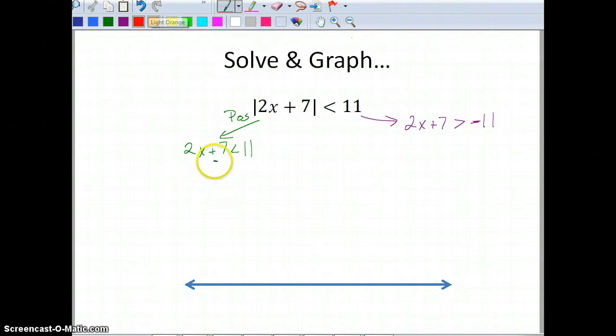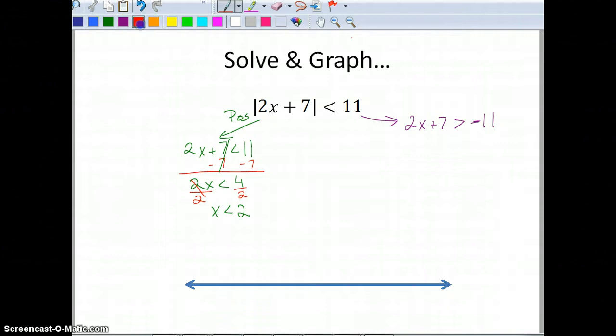Now let's go through and solve each one. So the first one, I'm going to subtract 7 from each side. So now I have 2x, positive 7 minus 7 adds up to 0, is less than 11 minus 7, that gives me 4. Divide both sides by 2. So I have x is less than 2.